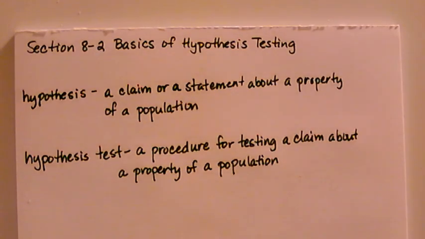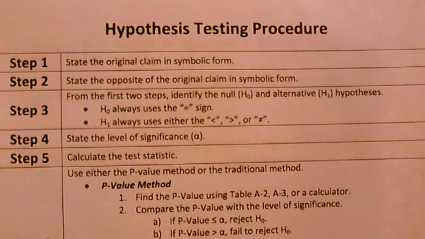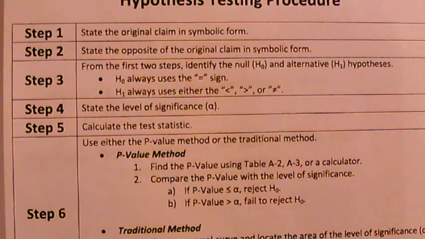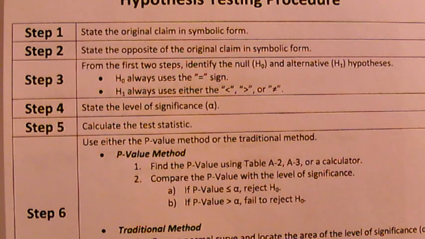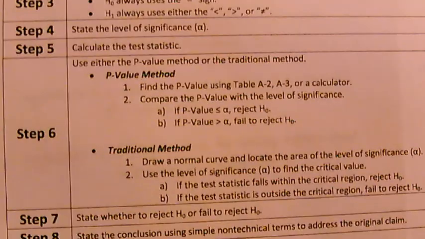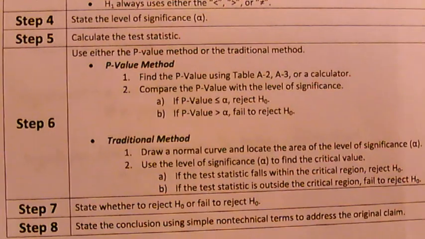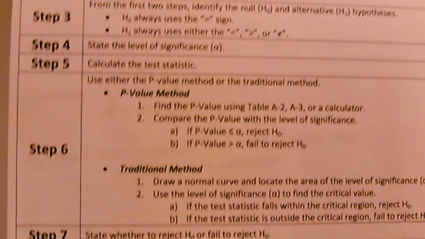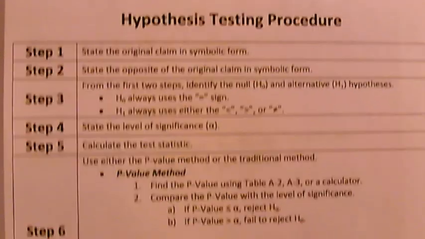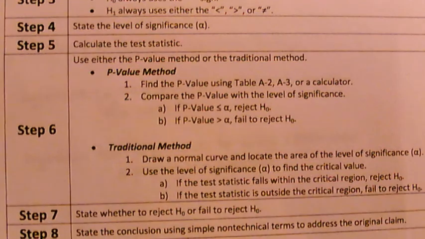And what I'm going to put up here is this handout, and this is also on Cruiser for those of you who are taking my class online. It's under the additional documents section under course content. This whole thing represents the hypothesis testing procedure that we will be using, and it is 8 steps.